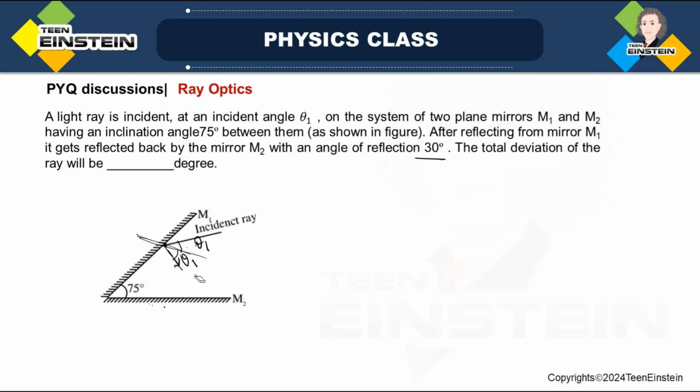Then it goes like this. So this is also 30. If the angle of reflection is 30, then this will be 30. So you have to find out the total deviation of the ray, in degrees.